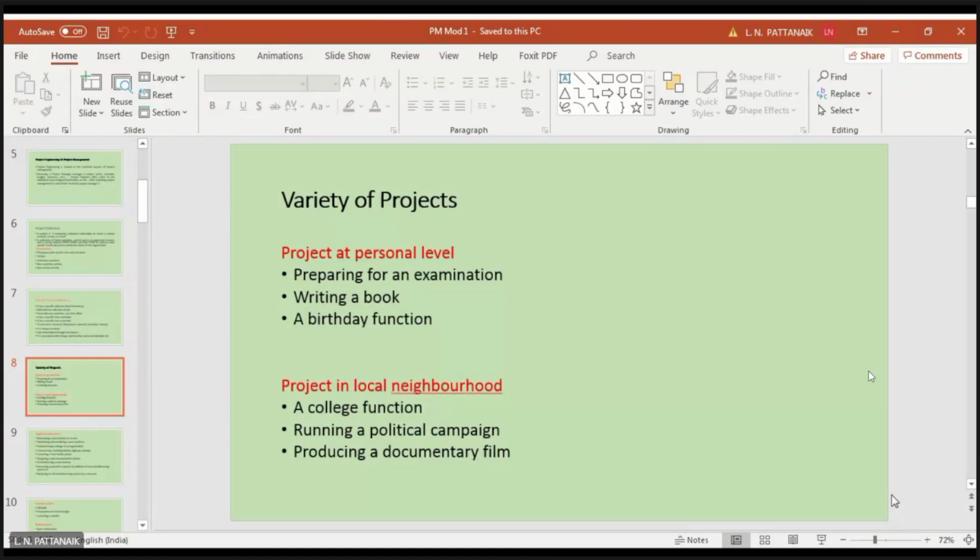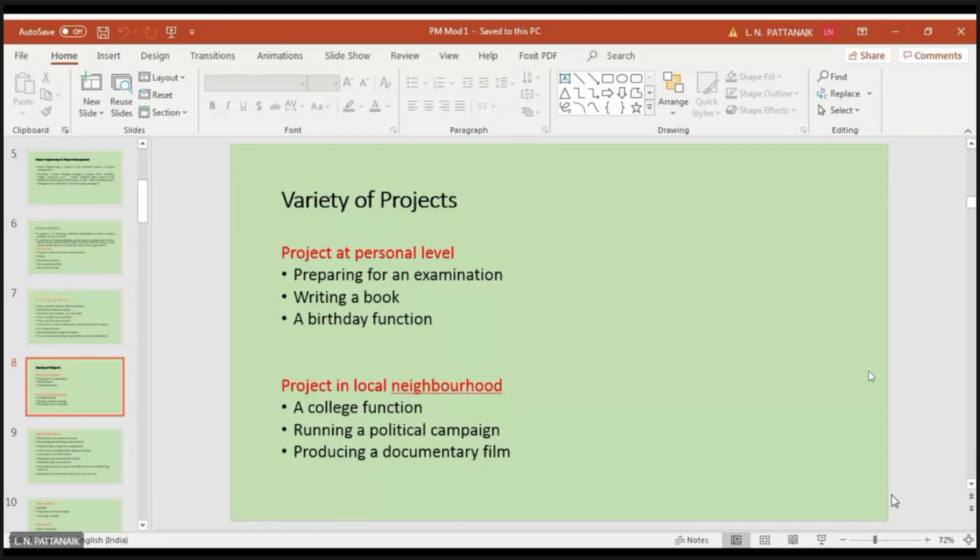Using different criteria or bases, we can classify projects, like projects at personal level, projects in the local neighborhood, and so on. Project at personal level: suppose you are planning to write a book. That can be a project for you. It is at personal level.